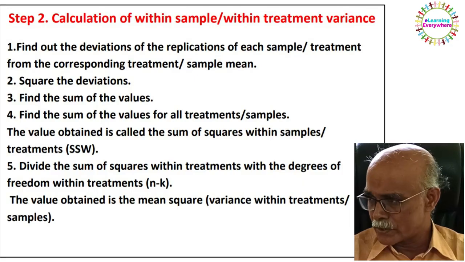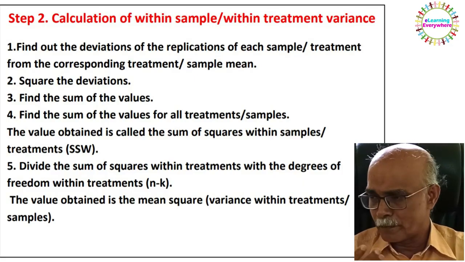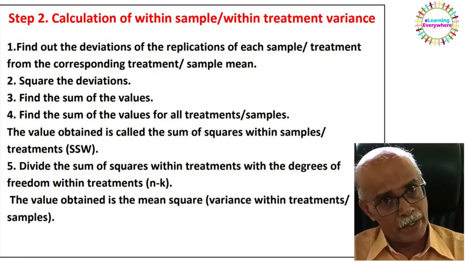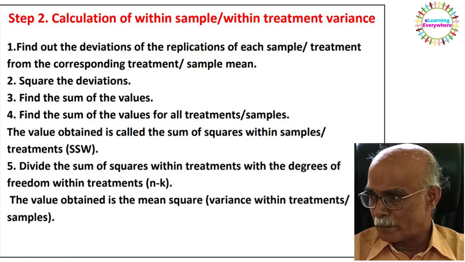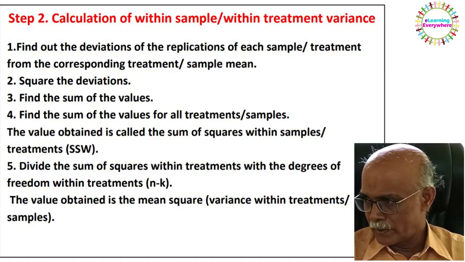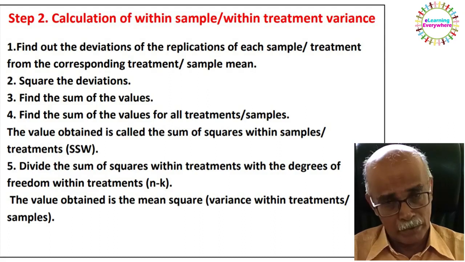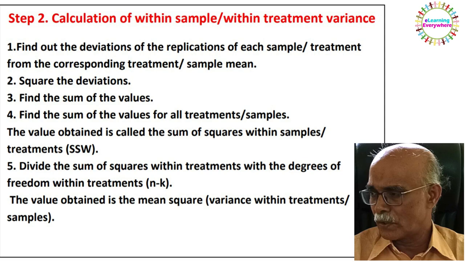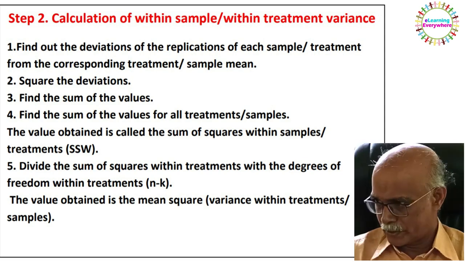Between treatments, the degree of freedom is k minus 1, and within treatments, the degree of freedom is n minus k. The value obtained is the mean square within sample, or the mean square within treatments, which is the variance. And the next step is the construction of the ANOVA table.